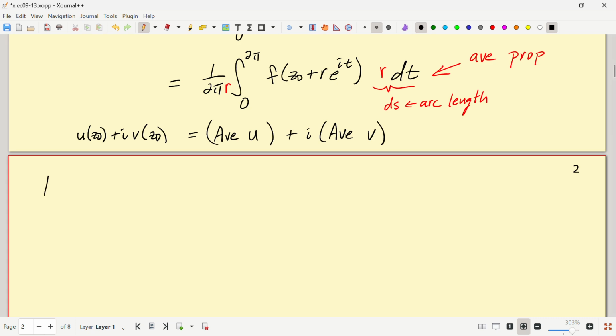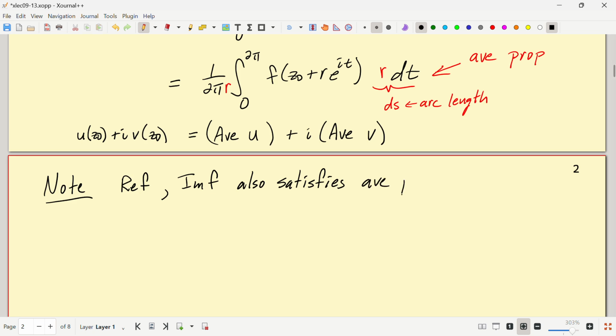So note, it's going to turn out that harmonic functions are always going to have harmonic conjugates, and therefore we can do this trick and see that harmonic functions satisfy the averaging property. So we see that the real part of f and the imaginary part of f also satisfy the averaging property. I'm going to be careful about it when I do it next time.